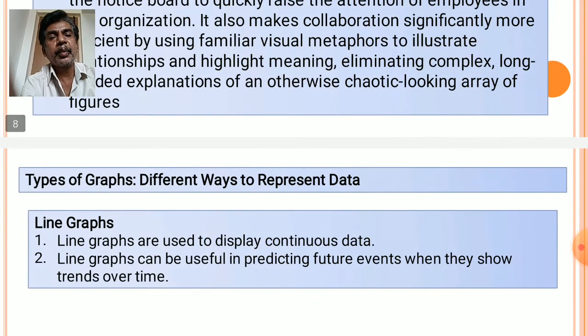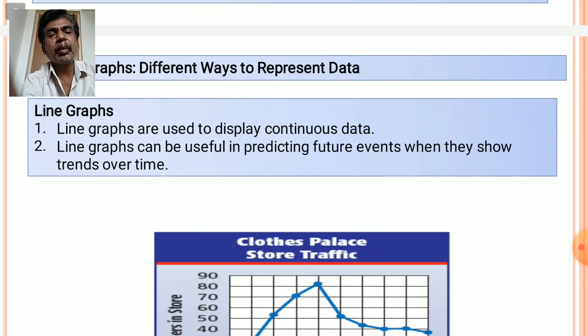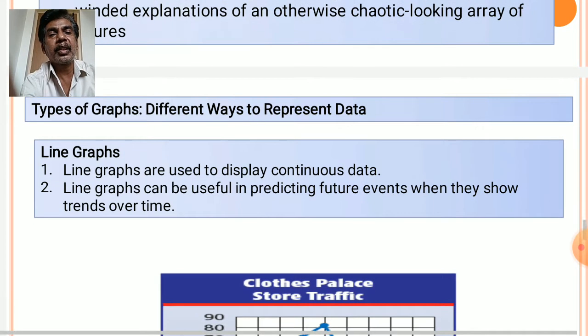Now, types of graphs, or different ways to represent data. There are many types of graphs which are usually used by businessmen. The first one is line graphs.